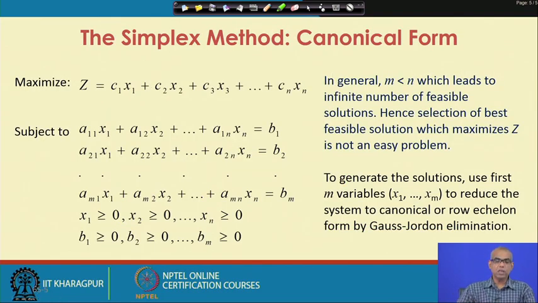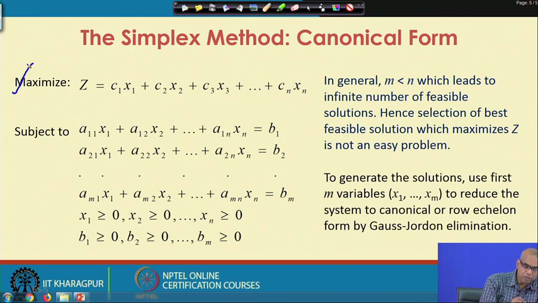To start our discussion on simplex method, let us first revise what we learned in our previous lectures about canonical form. What you see on the screen is the general formulation of a linear programming problem.